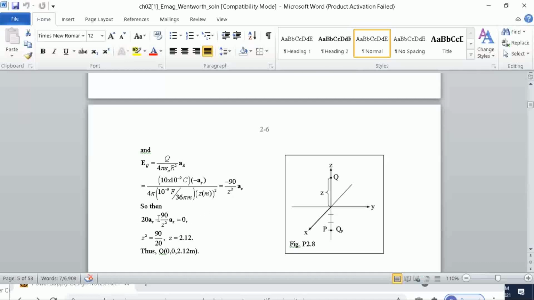So EP plus EQ equals 0, or EP equals EQ. The AZ cancels, so you solve for Z. Get it?